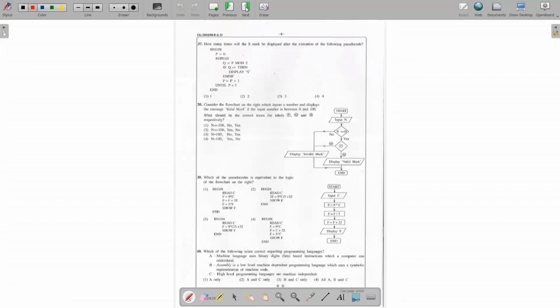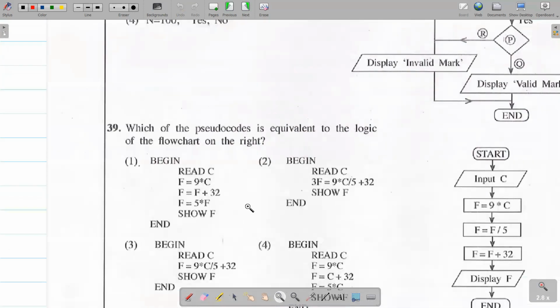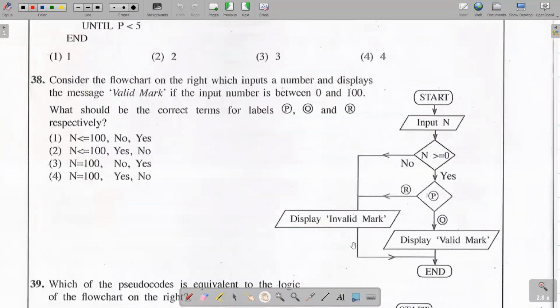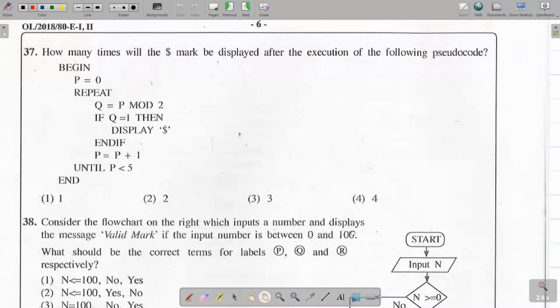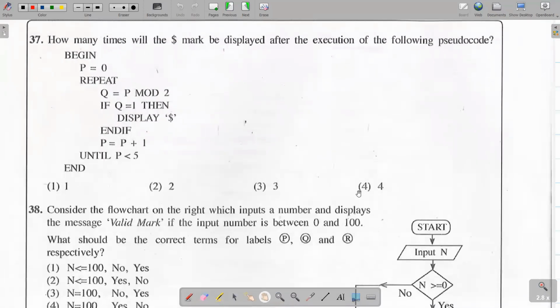37. So in 37, it is asking how many times the dollar mark will appear or display after the execution of the following pseudocode, right?